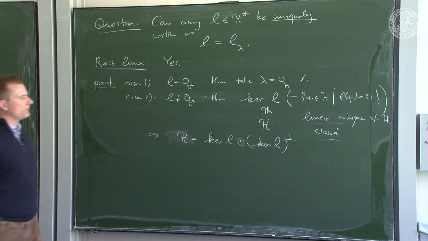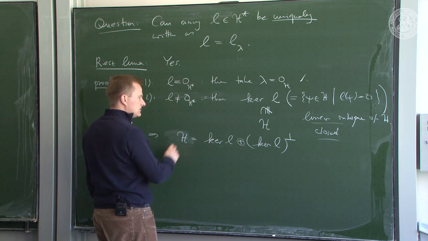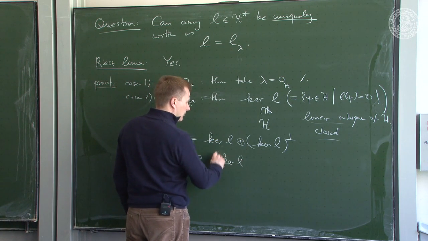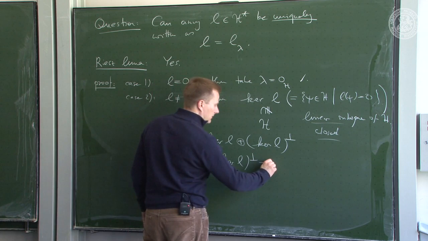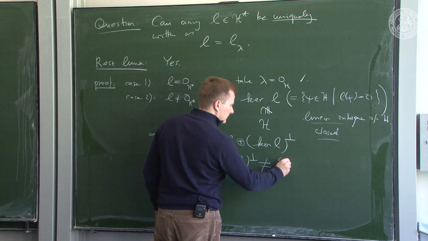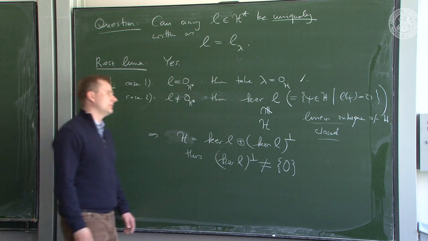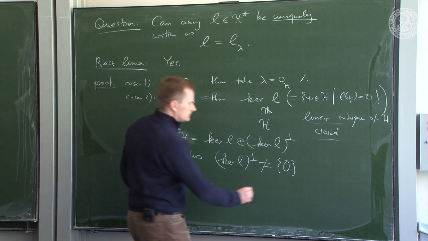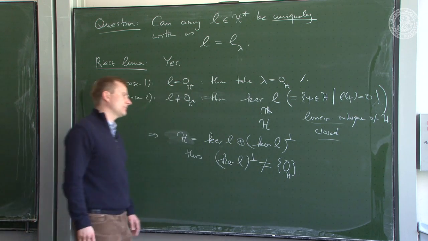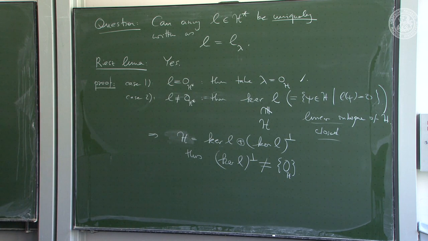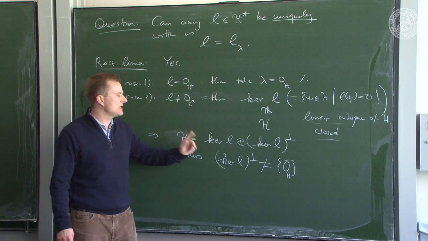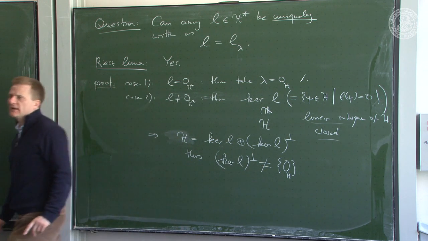The Hilbert space can be decomposed like this, but because the kernel is not the entire Hilbert space, we conclude that the orthogonal complement of the kernel is not just the 0 vector in H, which it would be if the kernel was the entire Hilbert space, because the orthogonal complement of the entire Hilbert space is just the set with the element 0.